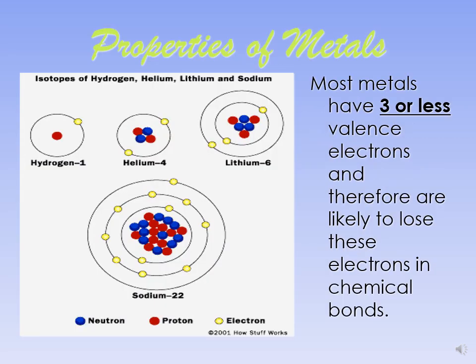And so, for example, most of these metals have 3 or fewer valence electrons in their outer shell and are therefore likely to lose those electrons into chemical bonds. And those electrons are actually fairly mobile, being able to move from one metal atom to another through the flow of electricity.